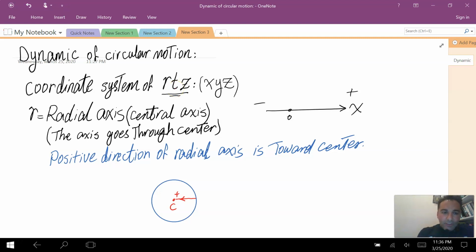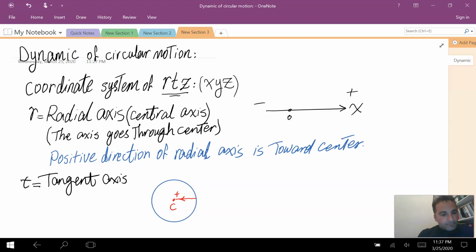The second one is the t-axis. What does t mean? T means tangent axis.